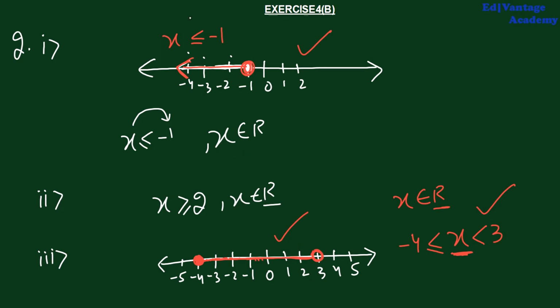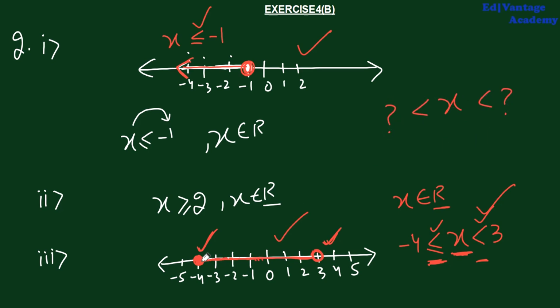So only one inequation symbol was used there, but in this one you have two ends, so two inequation symbols are used. Whenever you have one point where it begins and one point where it ends, you have two symbols. Two symbols means x is greater than something and x is lesser than something.